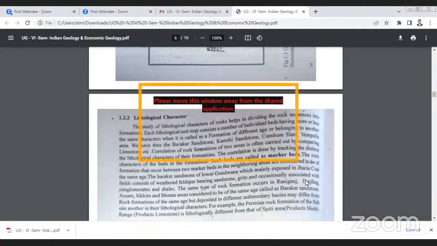The Jharia coal is associated with conglomerate beds and shales also.